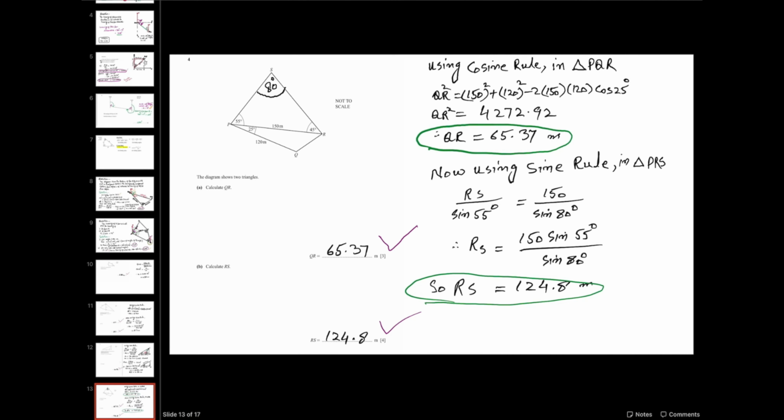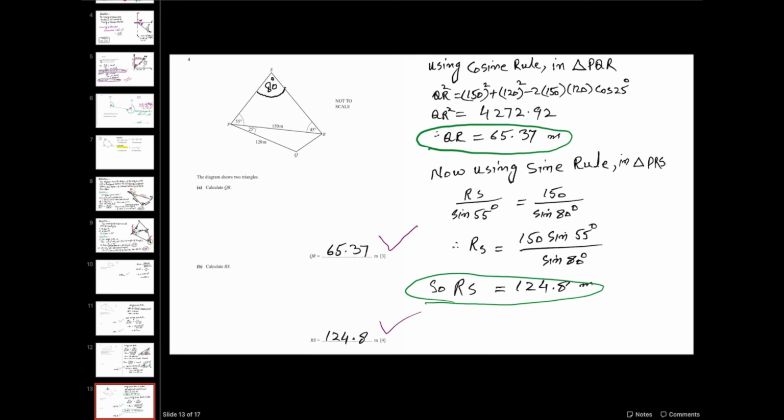So I will take the triangle PQR, and in order to find the value of QR, I am going to use cosine rule. So QR square is equal to 150 square plus 120 square minus 2 into 150 into 120 into cos 25.